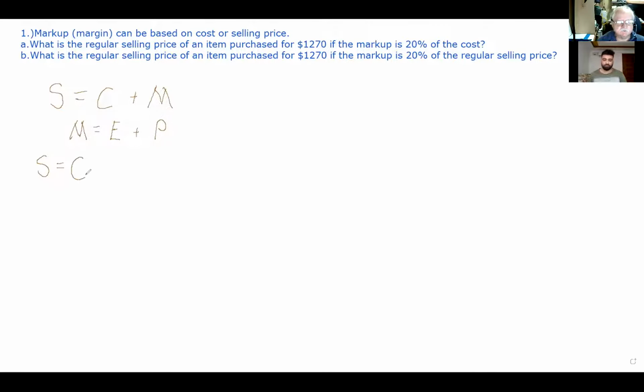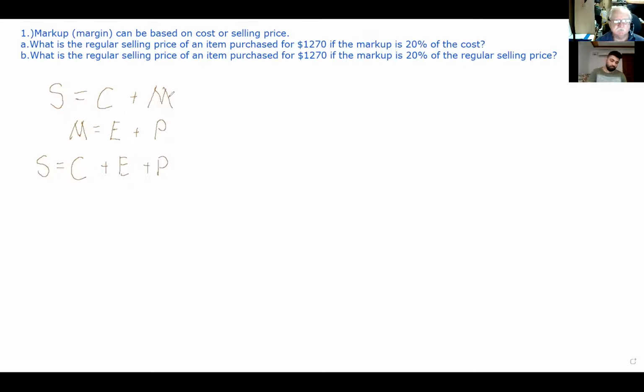Selling price equals cost plus expenses plus profit. And so we'll deal with questions where we only have enough information about the markup, and we use this first equation. And we'll deal with situations where they give us information about expenses and profit, and we'll use this equation.